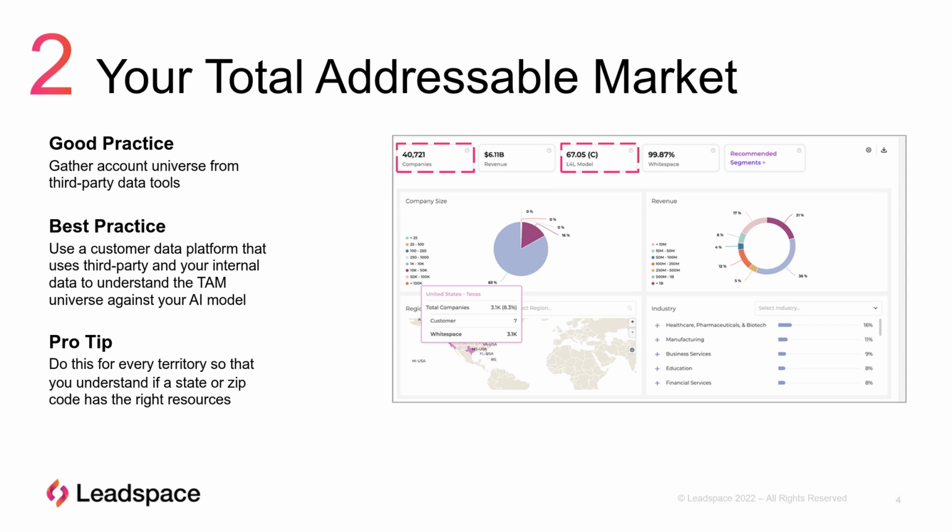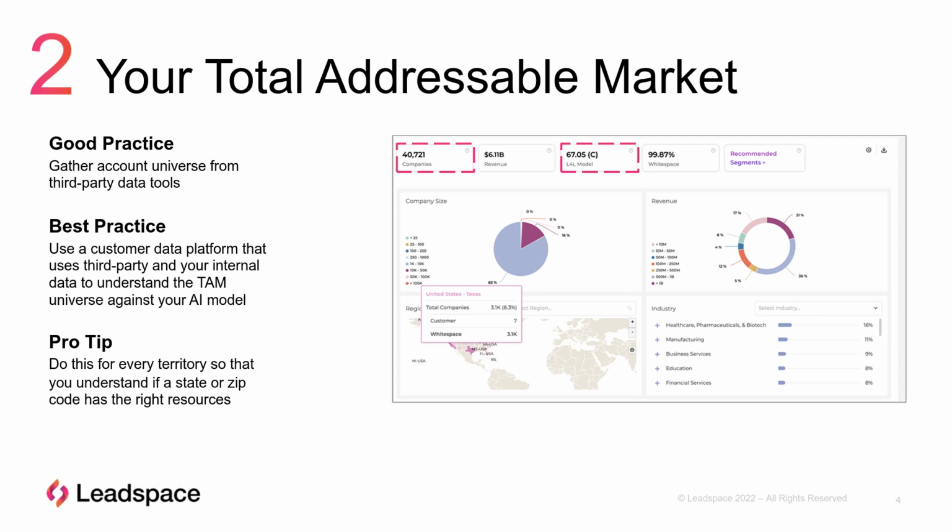This is a really great way, as we get into talking more about sales territory management, to go either top down or bottoms up to build territories and build them in an equal fashion. It's also a great way to understand where there are opportunities for cross-sell and upsell over time.